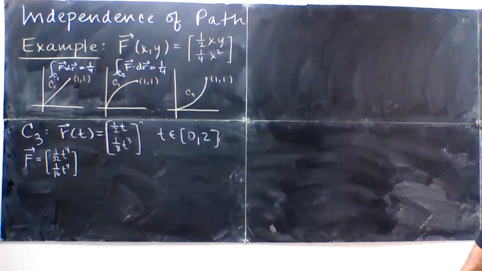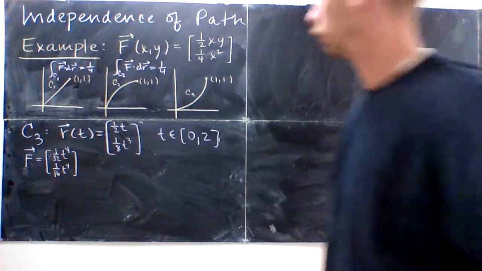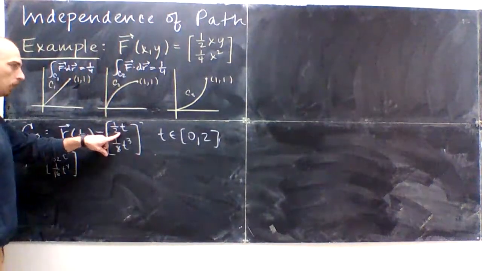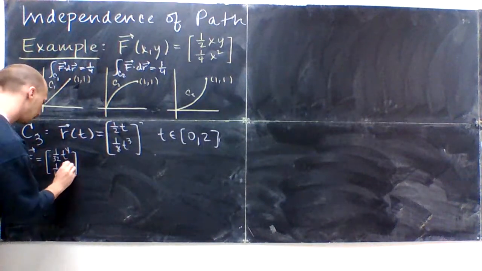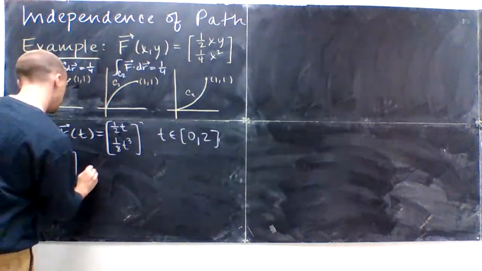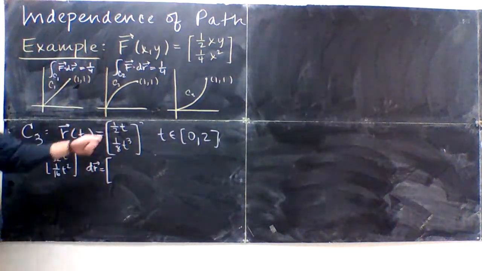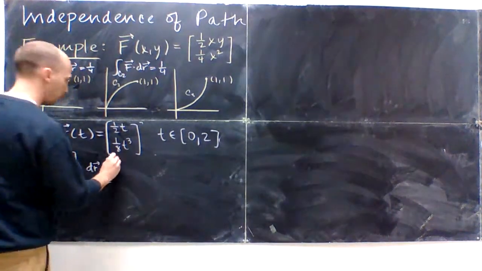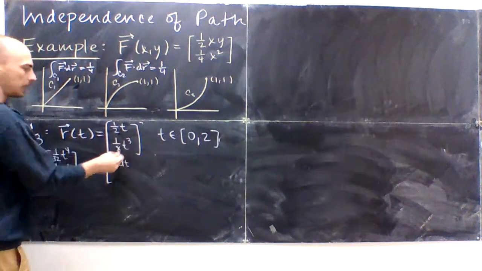Check this against... wait, but is it going to actually be t to the 4? No, it's going to be t to the 2, right? Because it's 1/4 times this thing squared. Okay, and then dr is going to be the derivative dt, so 1/2 dt, and then 3/8 t squared dt.